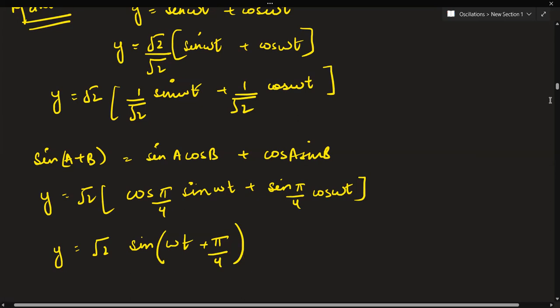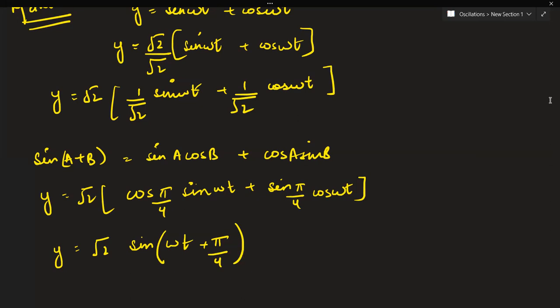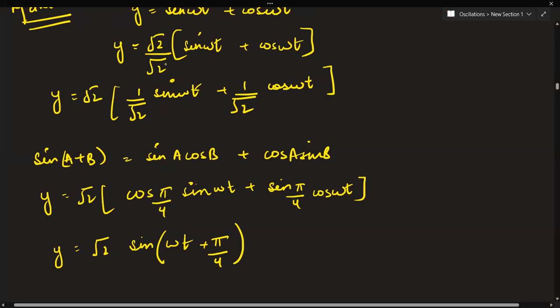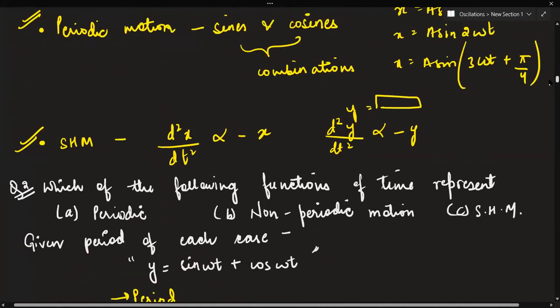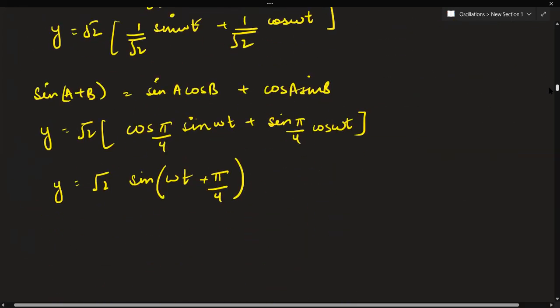So this is also a method, but you can get stuck somewhere in between in this method, because what to multiply is the tricky part. Which number you should multiply in order to obtain the identity is a hit and trial type of thing. But the standard and foolproof method that will not go wrong is the second method, taking the double differentiation of the term and then checking whether it is directly proportional to the negative of the displacement.